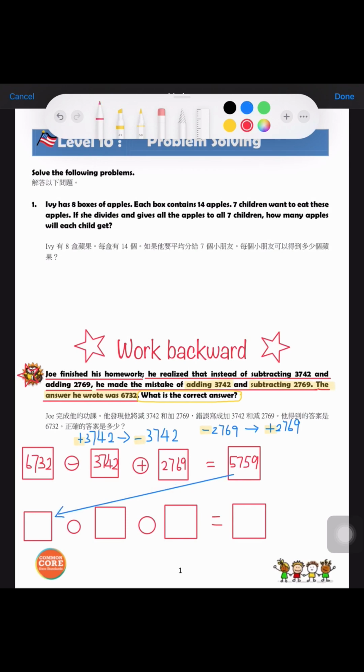So now we may find out the correct answer. We may duplicate the original number, 5,759, and then do it in the right way. Subtract 3,742.